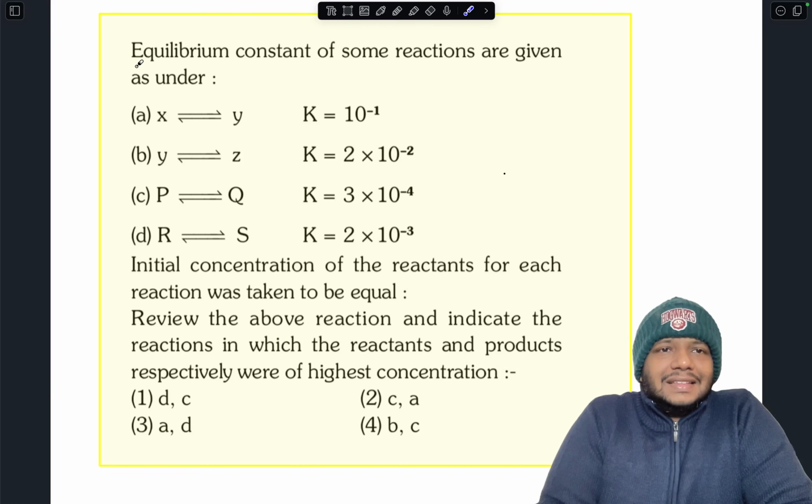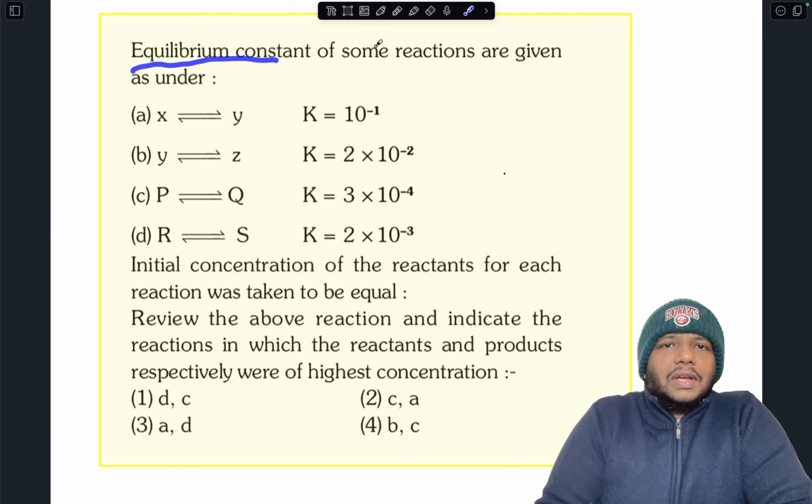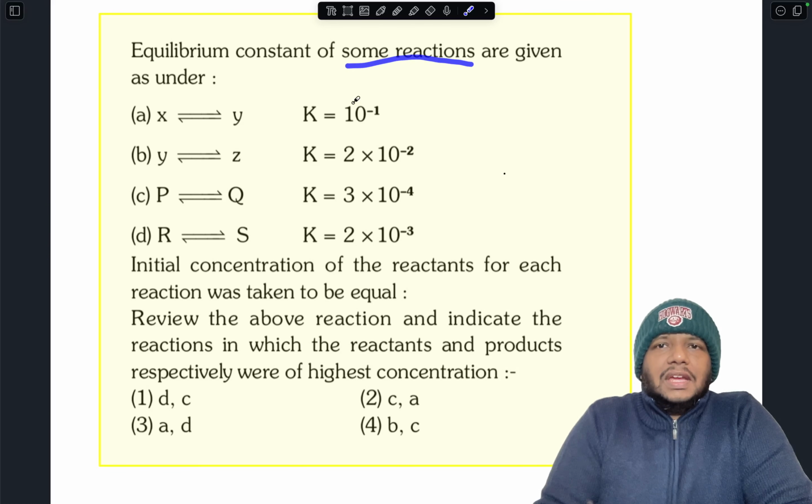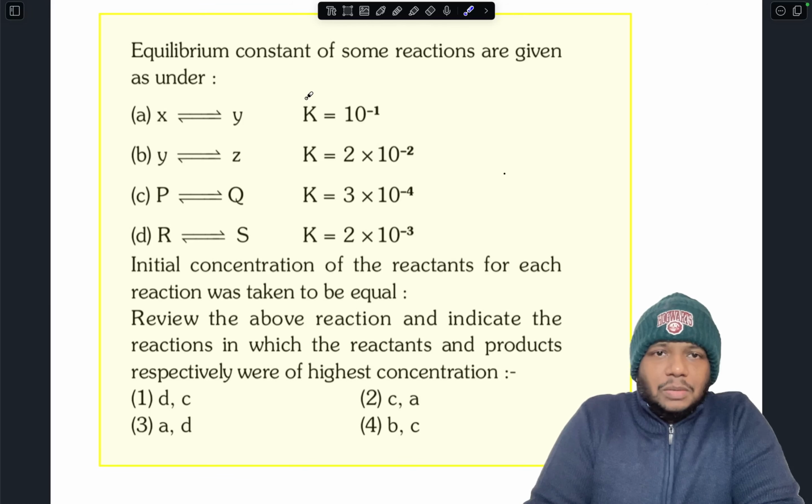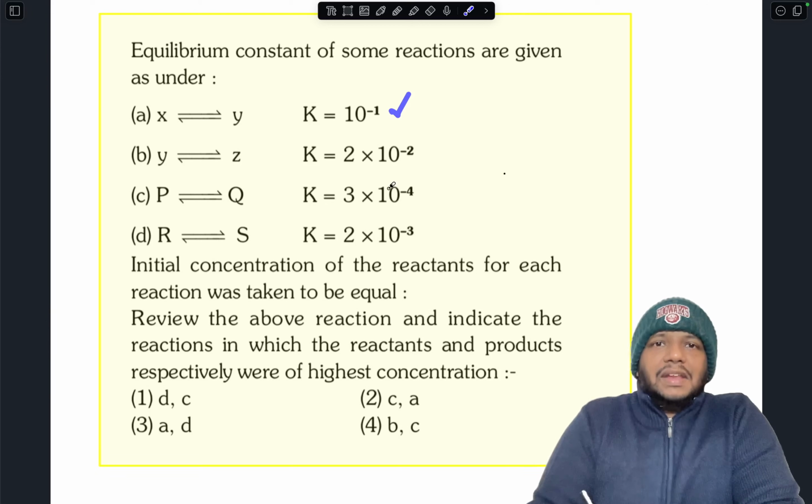The question here is, the equilibrium constant of some reactions are given as under. They have given X to Y, where X is a reactant and Y is a product. For this equilibrium reaction we have the equilibrium constant K as 10 power minus 1.